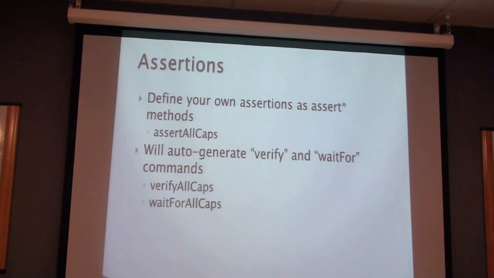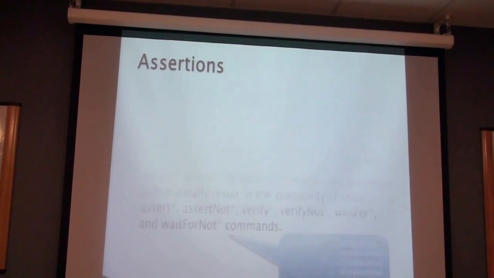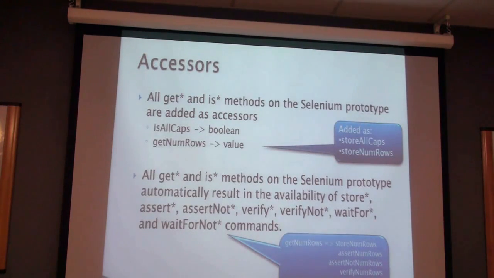And if you say assert, the only thing it's going to do is add verify for you. So if you say assert all caps, it's going to add verify all caps for you. It's also going to add waitFor. That's the only two it's going to add, instead of dealing with all this other stuff over here. So if you just want the verify and the waitFor, do assert.